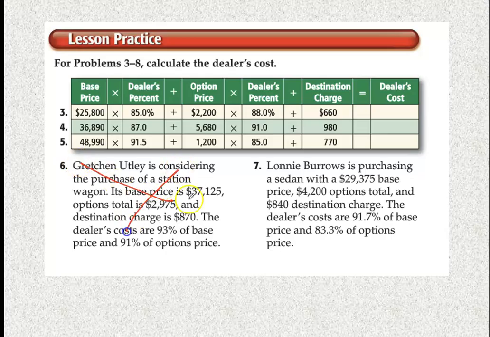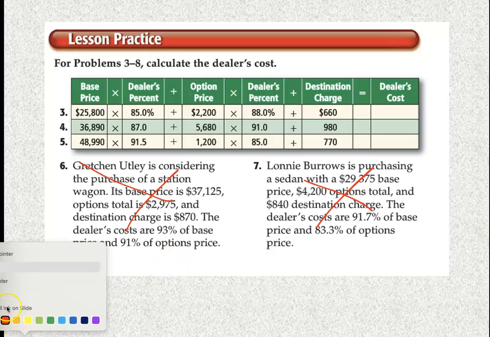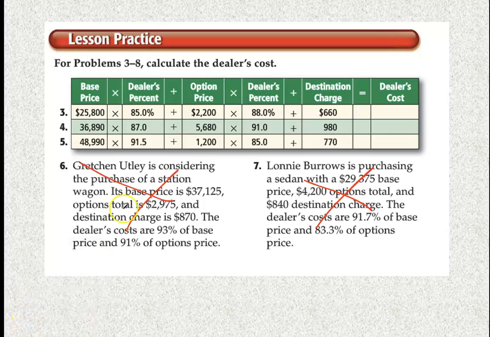We are not going to do those, but we're going to look at these three. The good and bad about the chart is it just says here's the base price times that, options times this. That's the most difficult part, I believe, of this. When you're doing your work, you will have to figure out what matches with what.